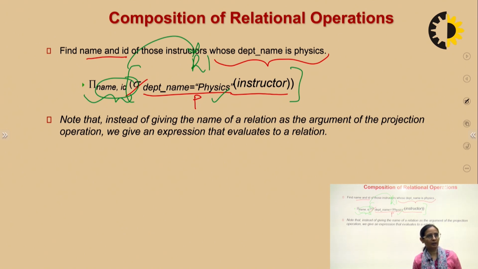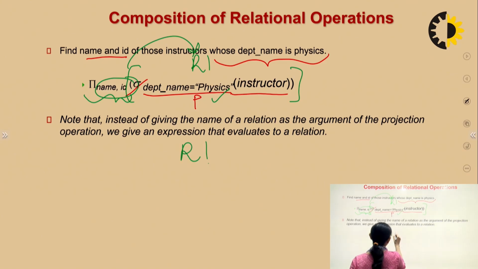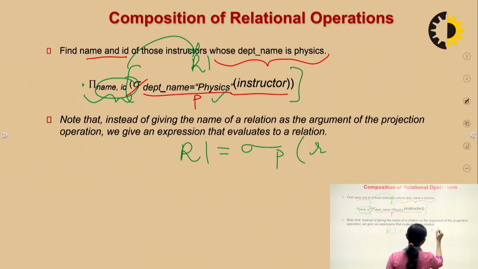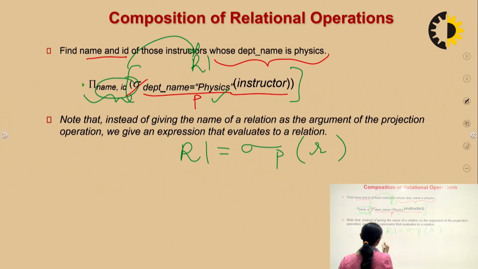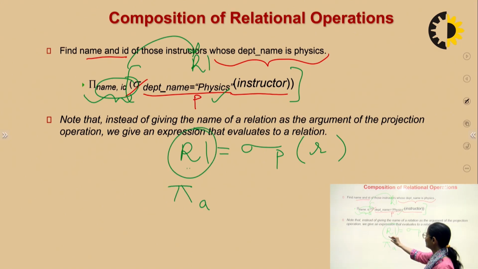Instead of giving the name of a relation as the argument of the projection, we give an expression that evaluates to a relation. That is, I can give this in this form also. R1, then sigma, predicate, and my relation name. And then I will pass this R1. I can pass this relation R1 to my projection operation.